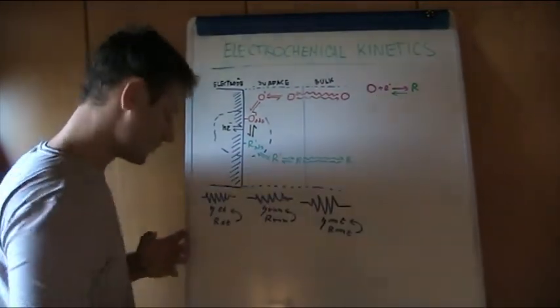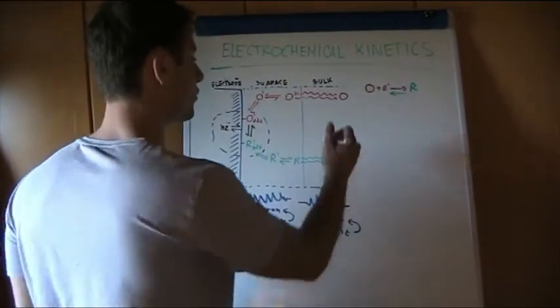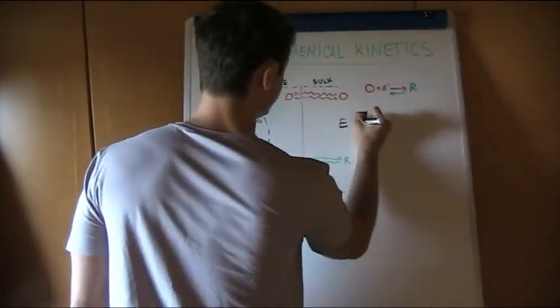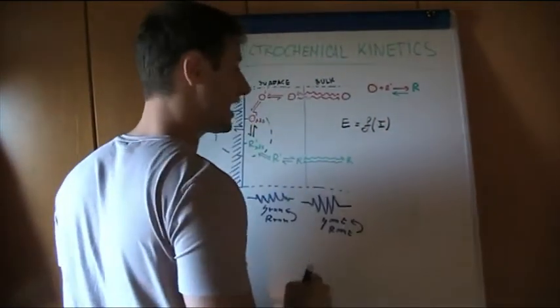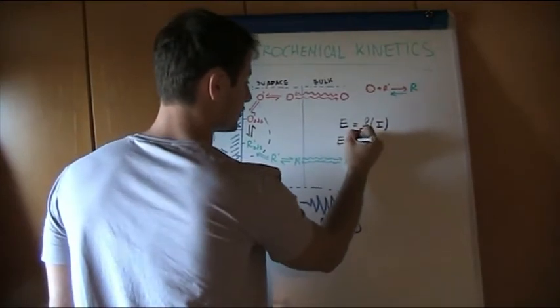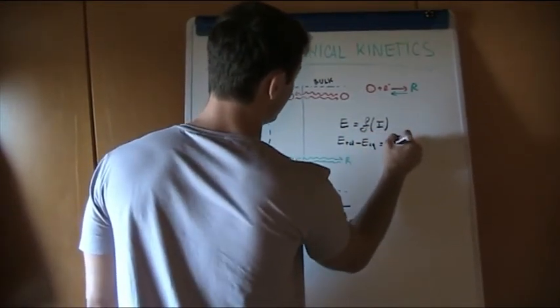So now what is important to say, focusing on the final aim of electrochemical kinetics, is that we want to solve this function. In particular, look at this function: the real potential minus the equilibrium one as a function of the current.